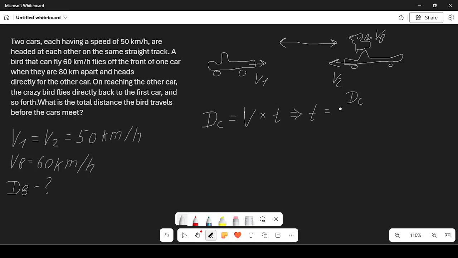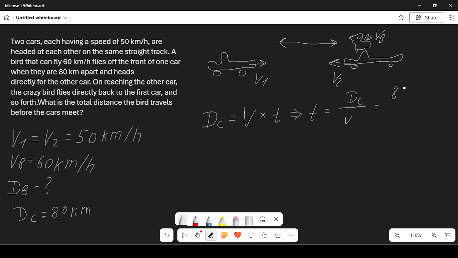Distance divided by speed. The distance between the cars is 80 kilometers.